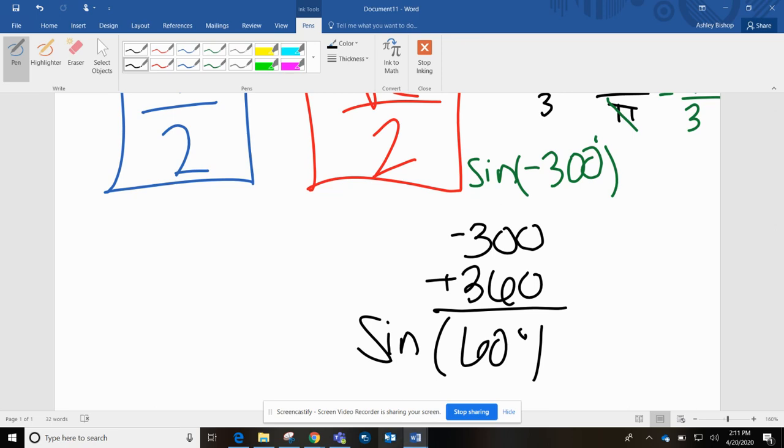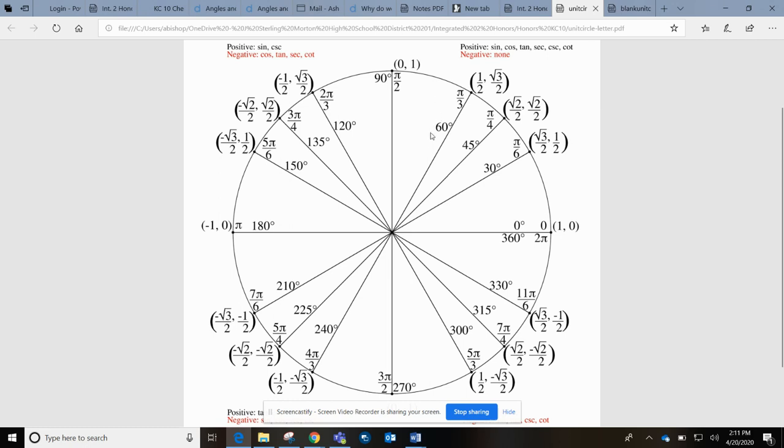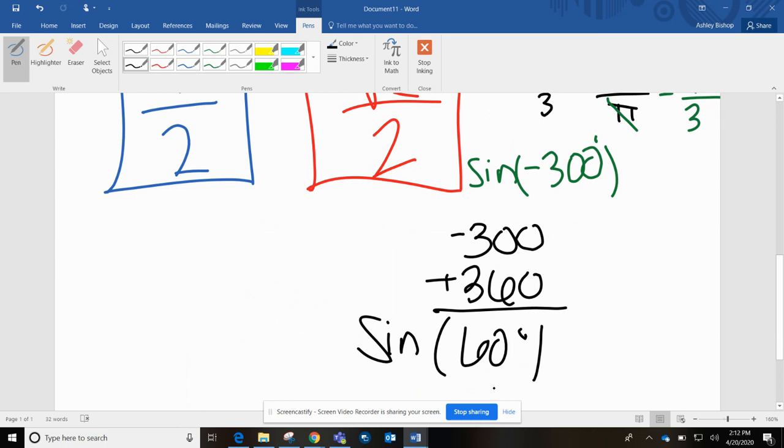So now I can go find the sine of 60 on my unit circle. Here, 60 degrees up top in my first quadrant, and sine is the second number. So the sine of 60 degrees, or the sine of negative 5 pi over 3, is going to be root 3 over 2.